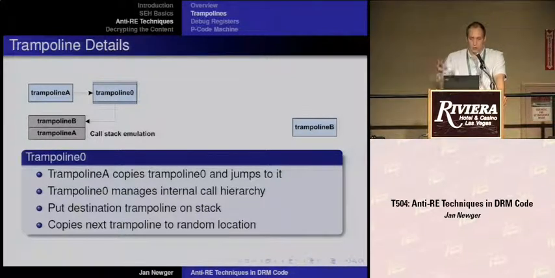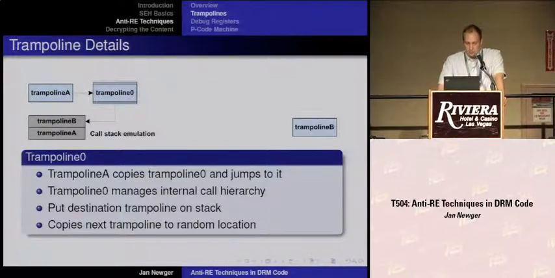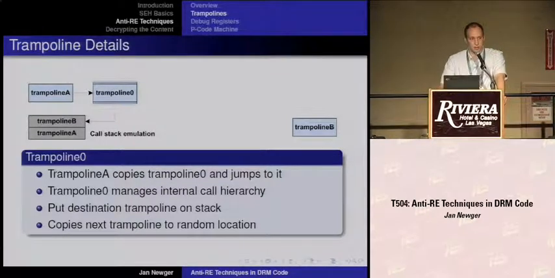Trampoline 0 is just an immediate trampoline which is used to put the destination trampoline, in this case trampoline B, on an internal call stack emulation. And this is needed because there is no direct call between A and B, so you have to emulate these nested calls and return operations.